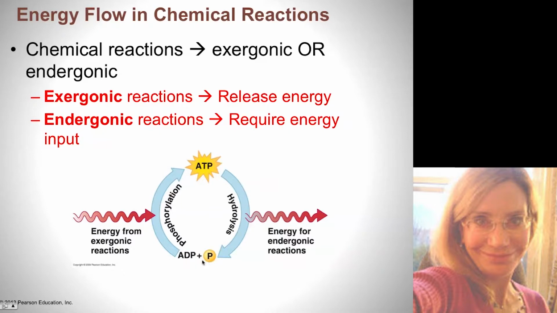This phosphate group will be joined onto the ADP to form ATP. And if you remember, ATP, adenosine triphosphate, is the energy currency, or energy money, of the cell. ATP is used when it's broken down back into ADP with a phosphate group. This is used to drive endergonic reactions that require energy input, such as muscle contraction, etc.